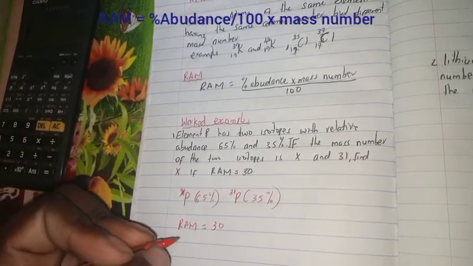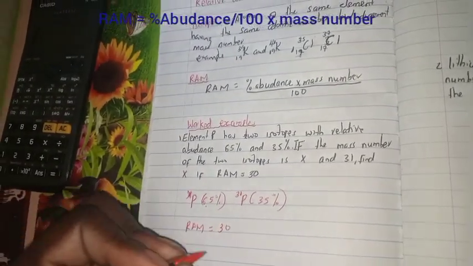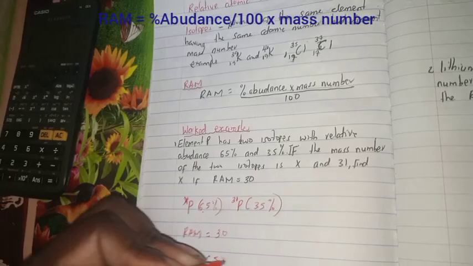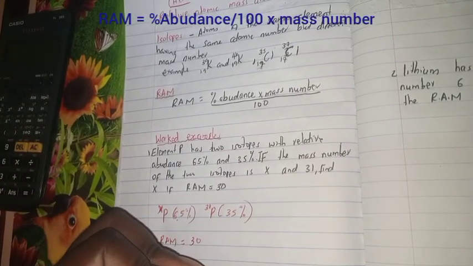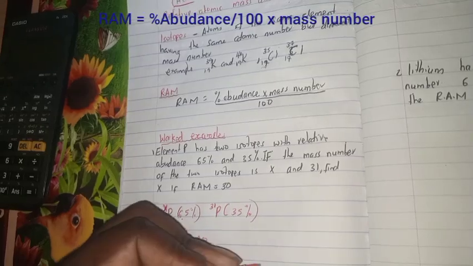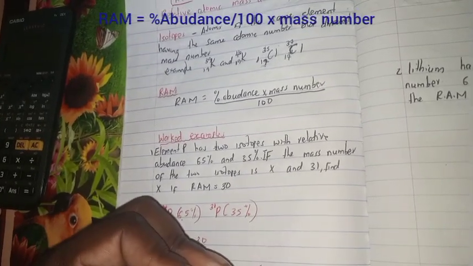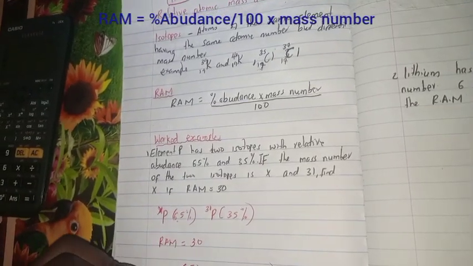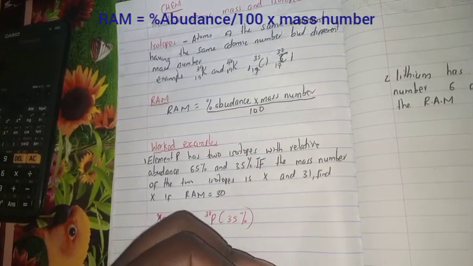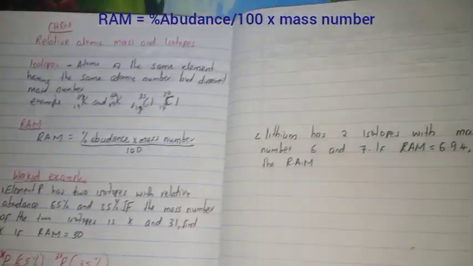To get the value of X, we just use the formula here. The percentage abundance we have here, 65 multiplied by X, plus 35 multiplied by the next one, which is 31, and then all this divided by 100. We're supposed to get the RAM, which we've been given as 30.